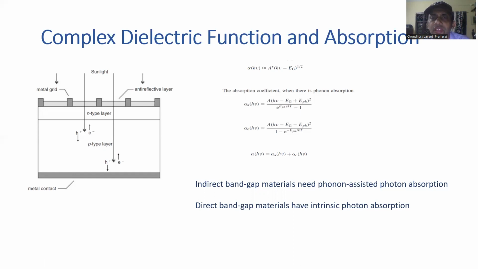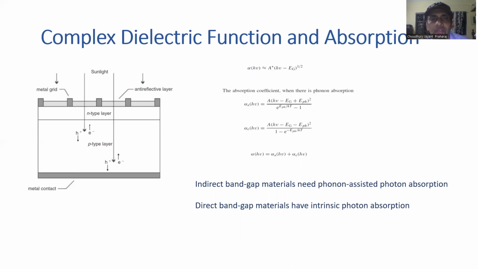The physics here is that there is a joint density of states between the conduction band and the valence band, and this joint density of states has a complicated dependence, especially as we go higher in energy, because the conduction band's dispersion spectrum has complicated features like Van Hove singularities, and so does the valence band dispersion spectrum.